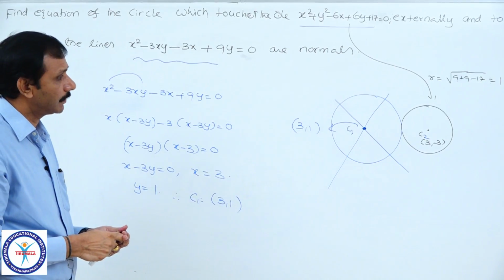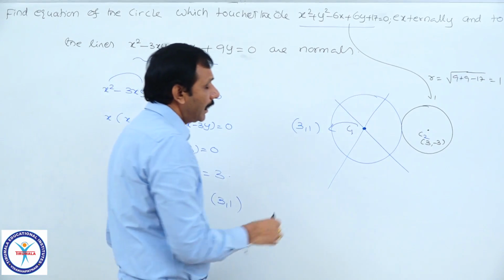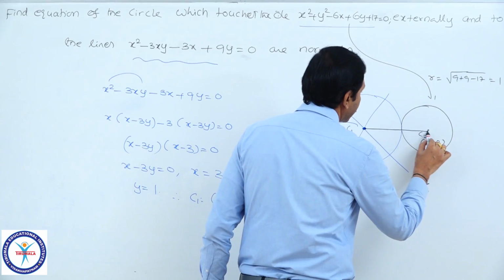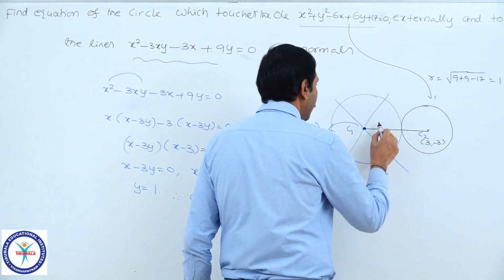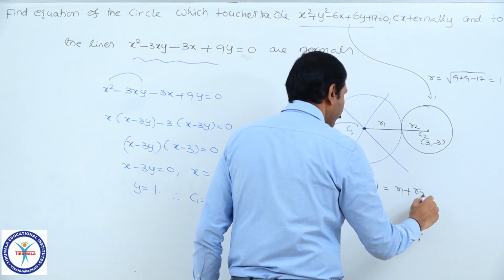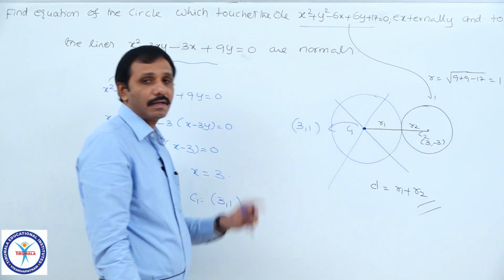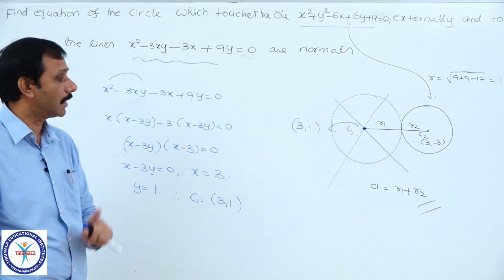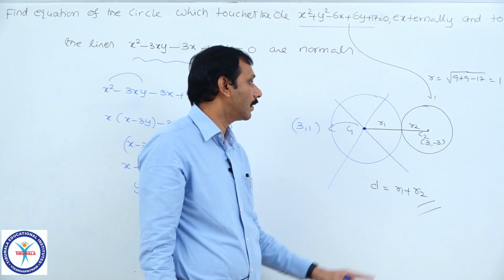I want the radius. Because these two circles touch externally, the distance between the centers D is equal to R1 plus R2. In the previous lecture, we have covered this concept. Whenever two circles touch each other externally, D equals R1 plus R2.